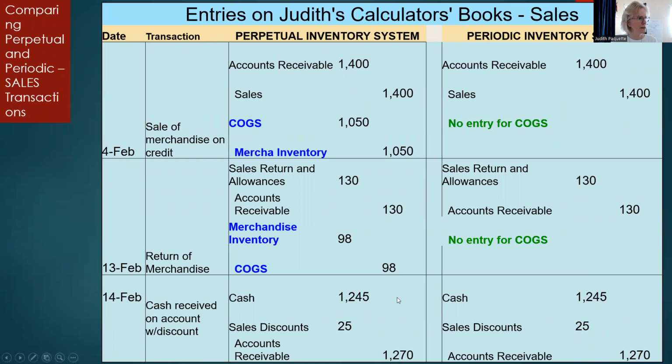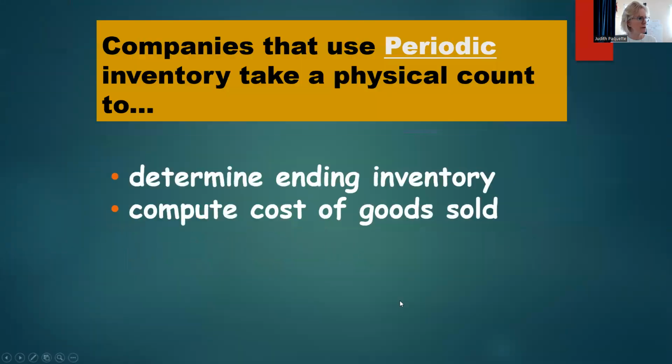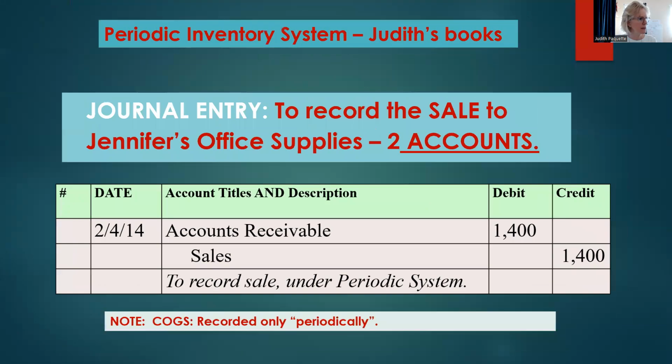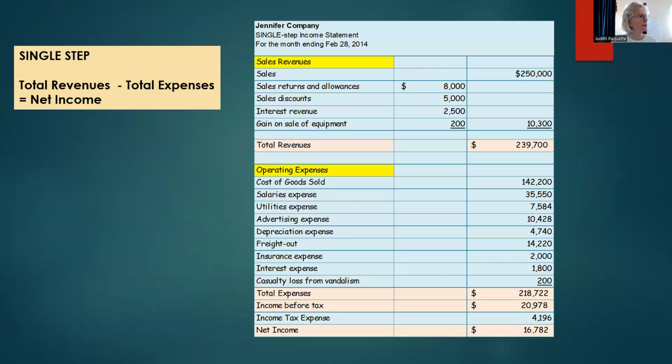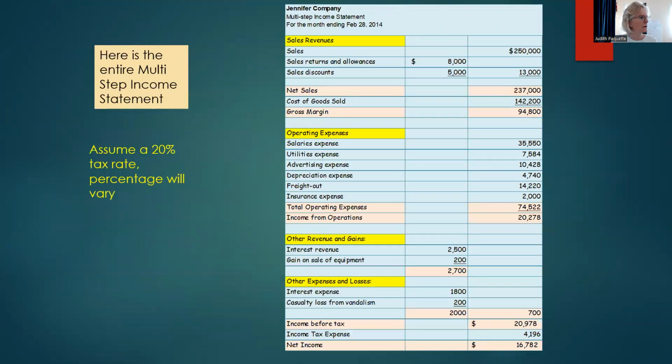Something else you guys need to know about, going back to the multi-step income statement here. Freight out. Okay, that I actually remember as a student just struggling so much with freight in and freight out. Freight in is when you buy inventory.